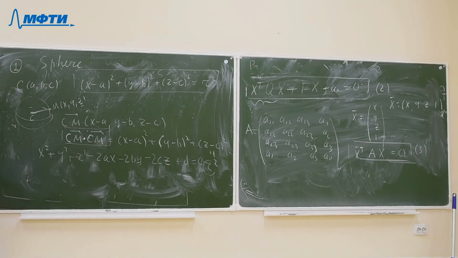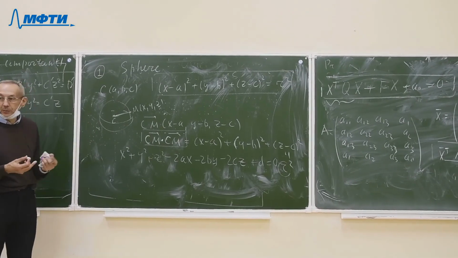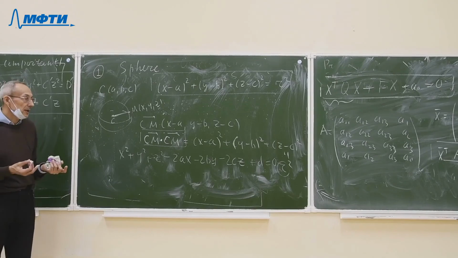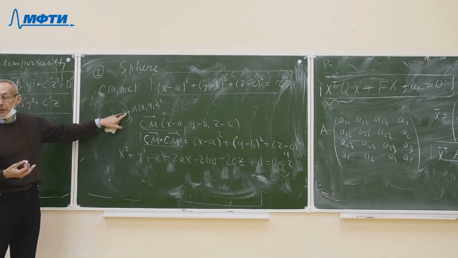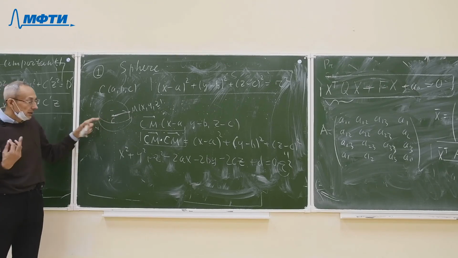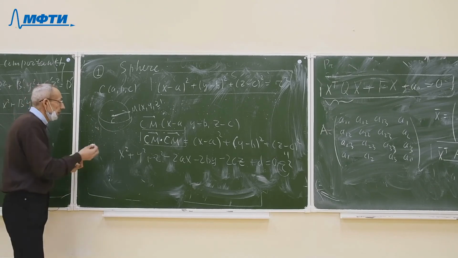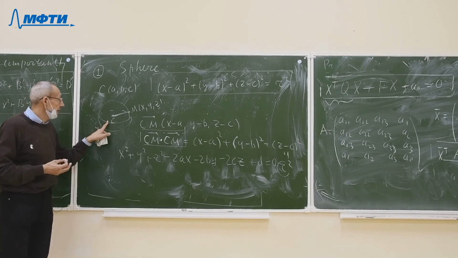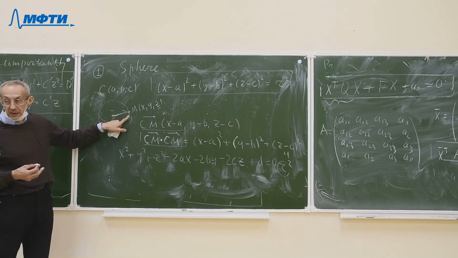By definition, the sphere is a set of points defined by the following property: the distance between any point of this set and some fixed point C is constant. What does distance mean? We can consider the vector with endpoints C and M, vector CM.